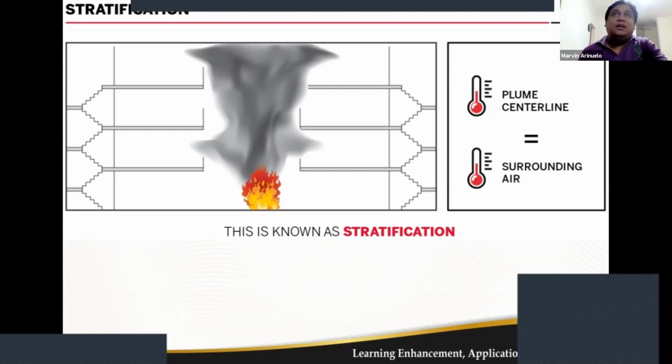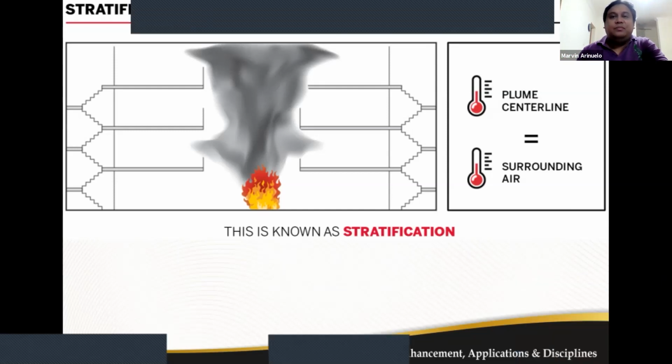Buoyancy means the hot air is less dense compared to colder air, and there is no more colder air. So it will start to spread the smoke horizontally.